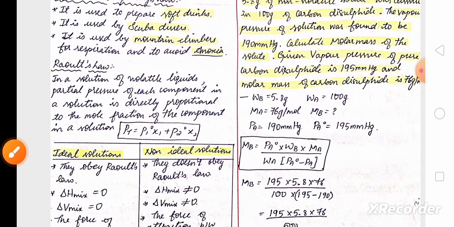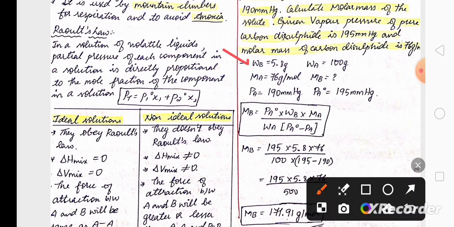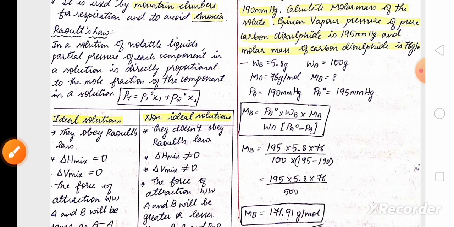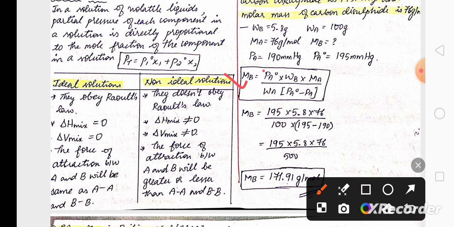You can see clearly according to the question, when we add 5.8 grams of non-volatile solute to 100 grams of carbon disulfide, its vapor pressure has decreased from 195 to 190 mmHg. In those conditions, we need to find out the molar mass of solute. We have a formula: Mb is equal to Pa0, vapor pressure of pure solvent, into Wb, mass of solute, into Ma, molar mass of solvent, divided by Wa, mass of solvent, into Pa0 minus Pa.